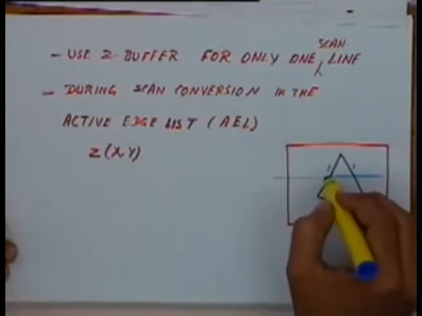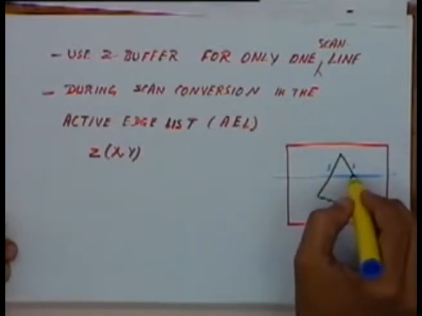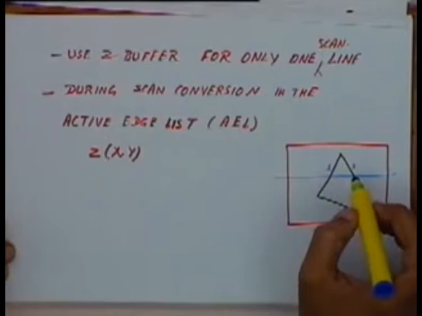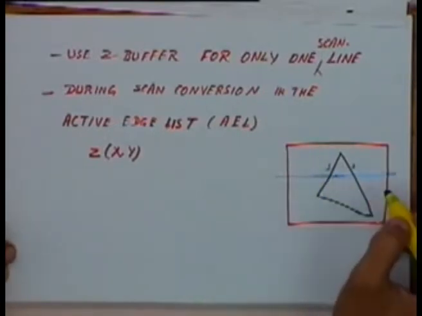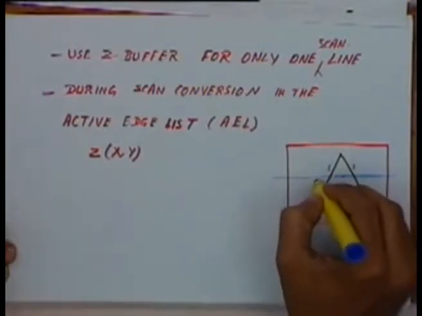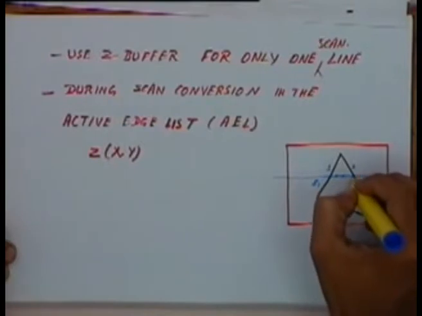How do we do that? Between these two edges we'll have only one polygon. For this polygon we want to find out the z value at each pixel. Let's say the z value here is z1 and the z value here is z2.